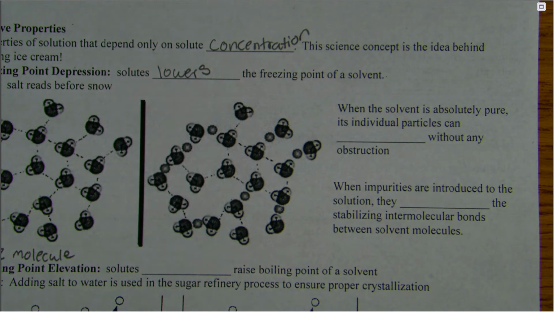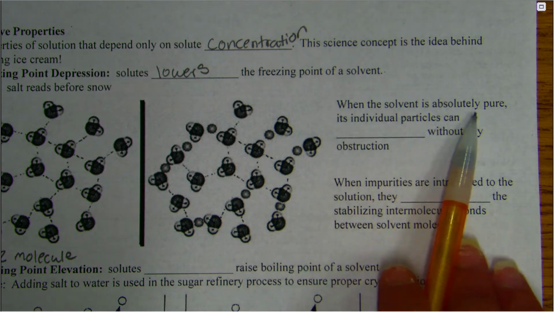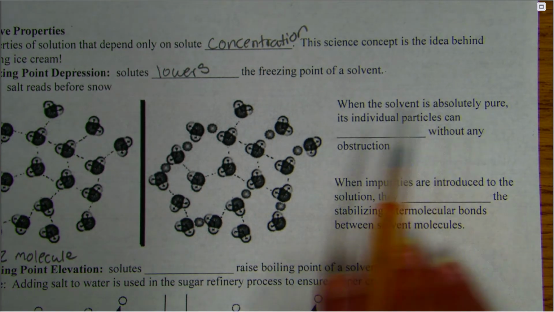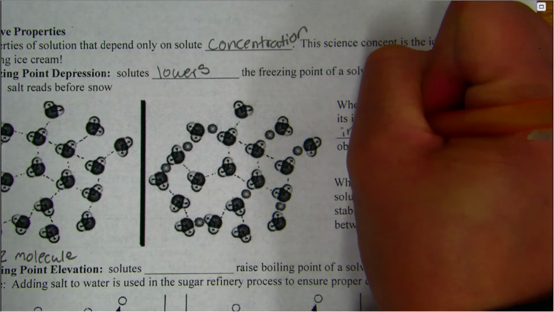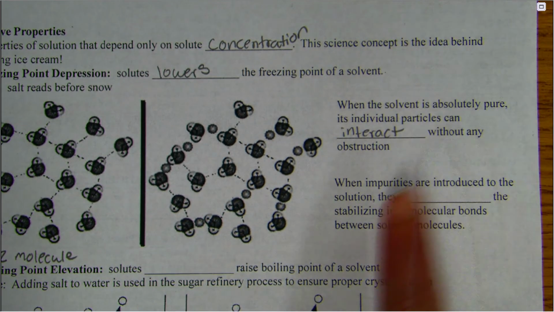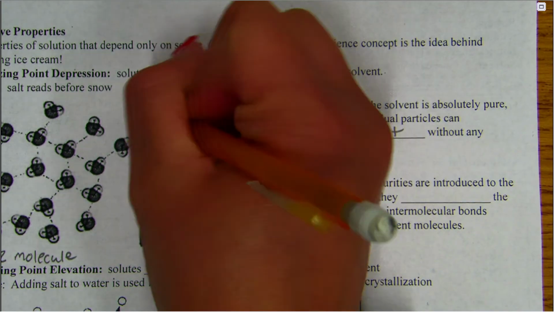Let's look at a picture of this. When our solvent is absolutely pure, its individual particles can interact without any obstruction. That's this first one.